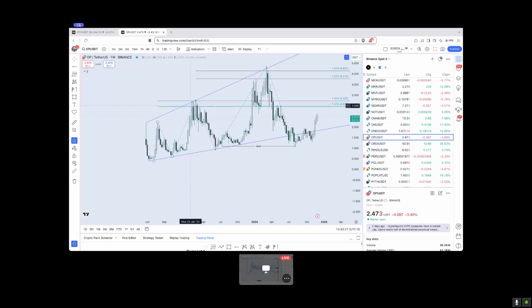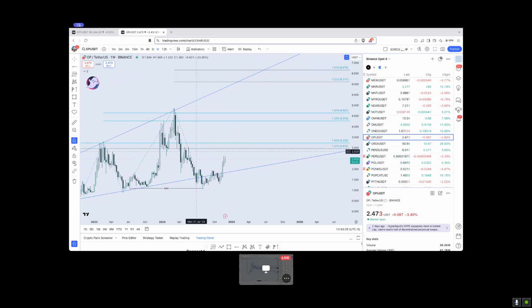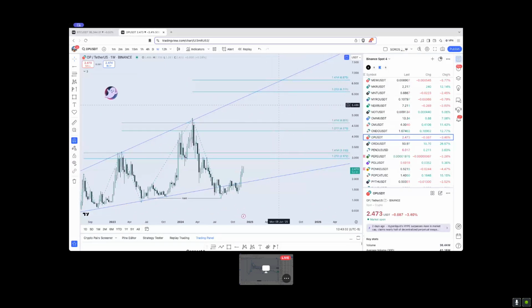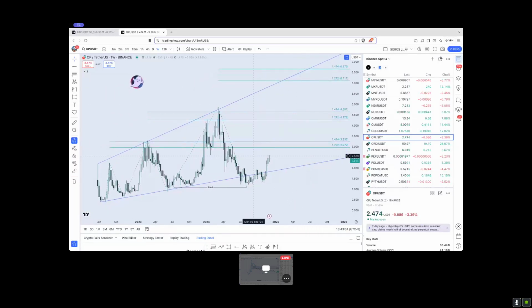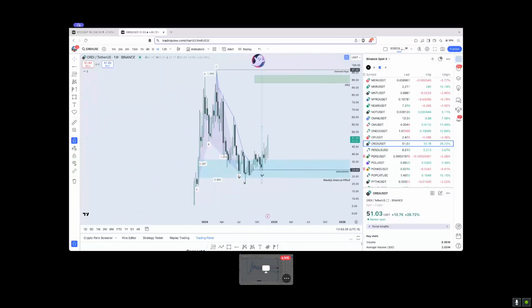Second trend hit it right there. Third trend, you're targeting here, again the top of the supply line, between 650 if this is real. So OP, I mean, it's underperforming.